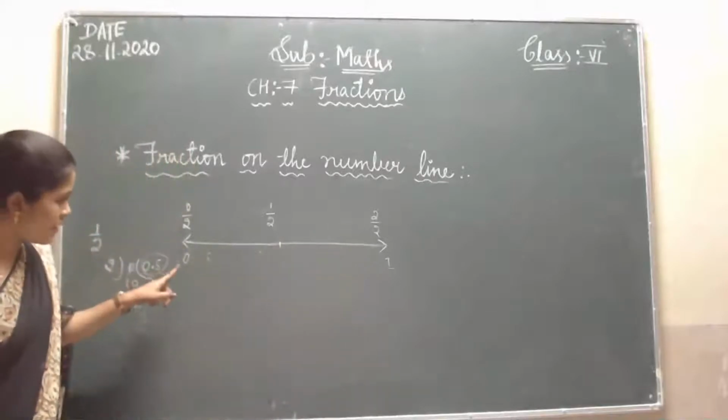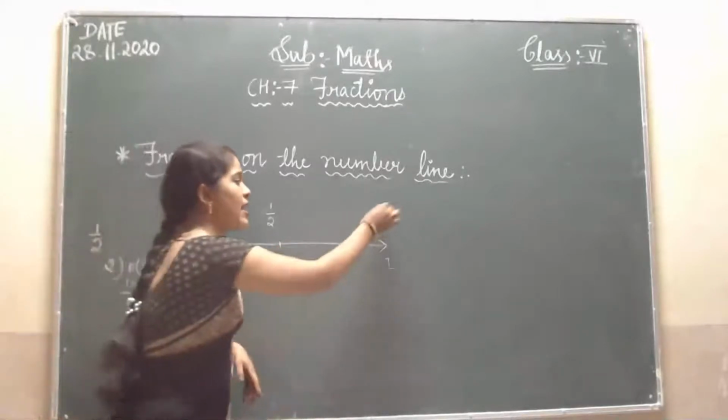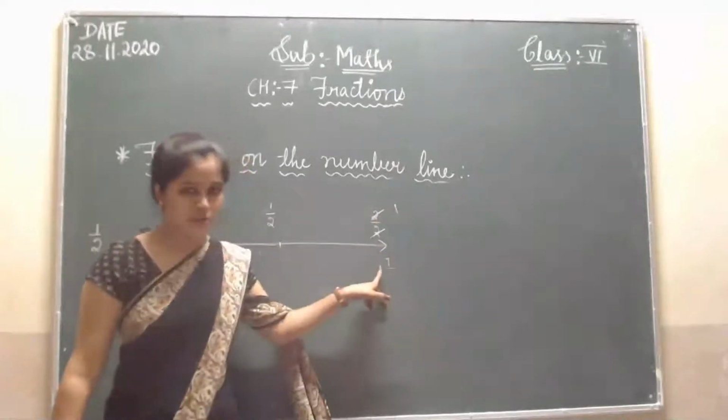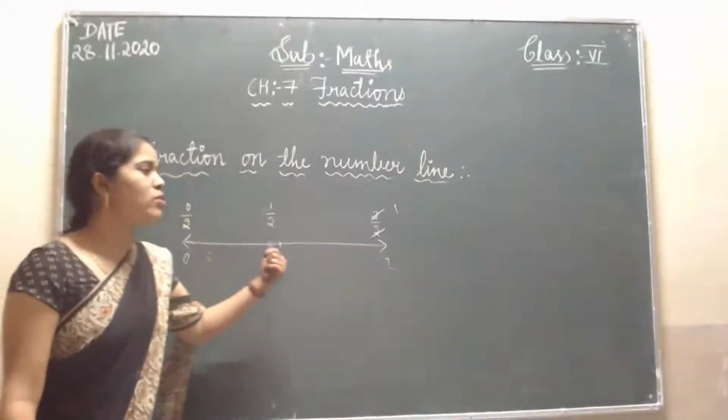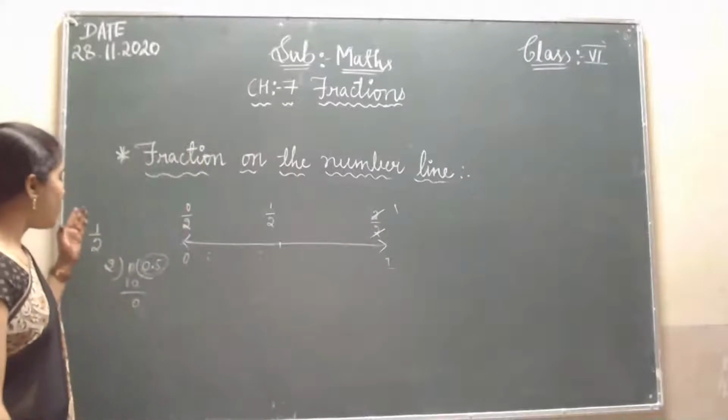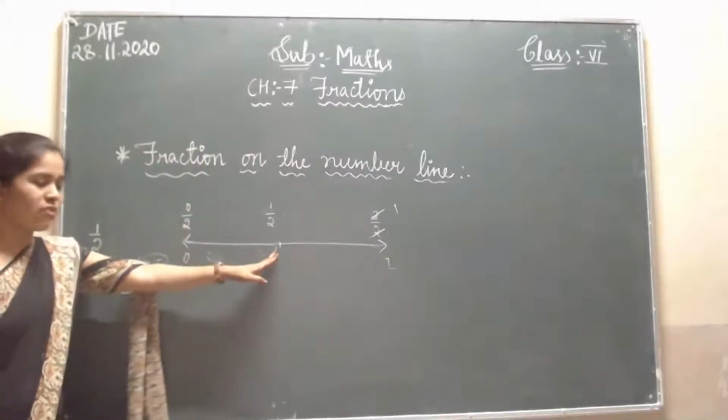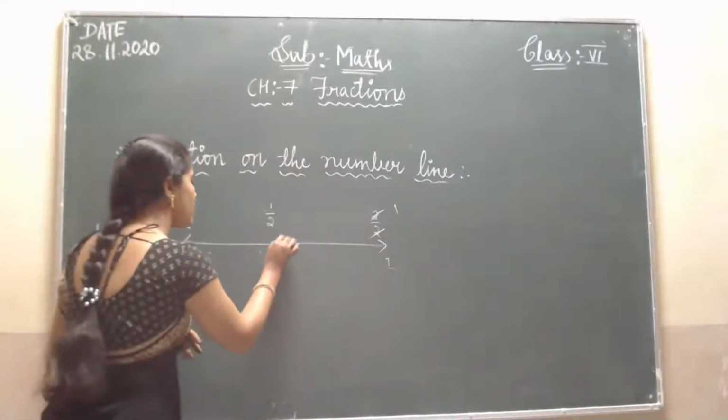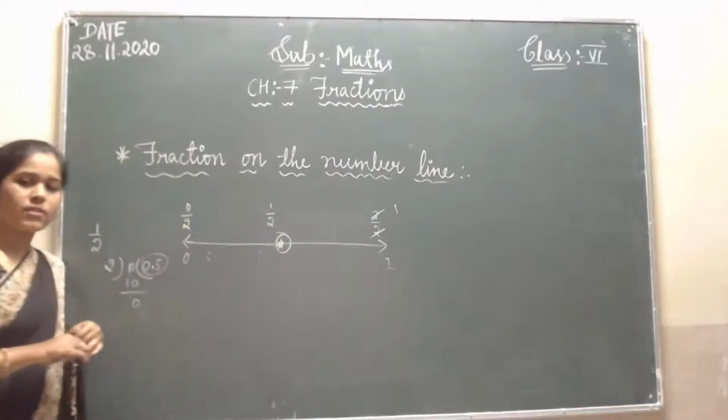0 by 2 is nothing but 0 only, and in 2 by 2 the 2s get cancelled, we are getting 1 only. So we are taking 0 by 2, 1 by 2, 2 by 2. We have to plot 1 by 2 on a number line. Here we are getting 1 by 2, so this is your answer. Understood?